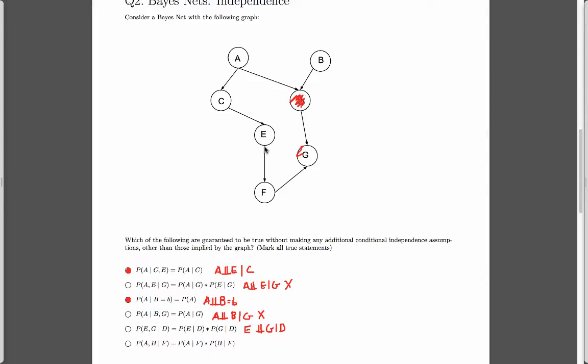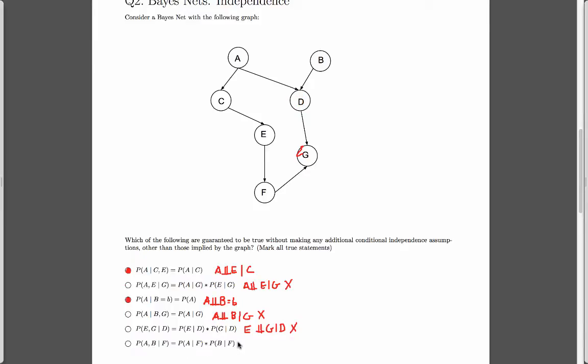We know that this path right here is active based on the rules of d-separation. And so therefore we don't even have to look at this other path. And it actually turns out that that other path is inactive because of this structure right here. But either way, because this path is active, we know that E and G are dependent and not independent, conditioned on D. So this is not true.